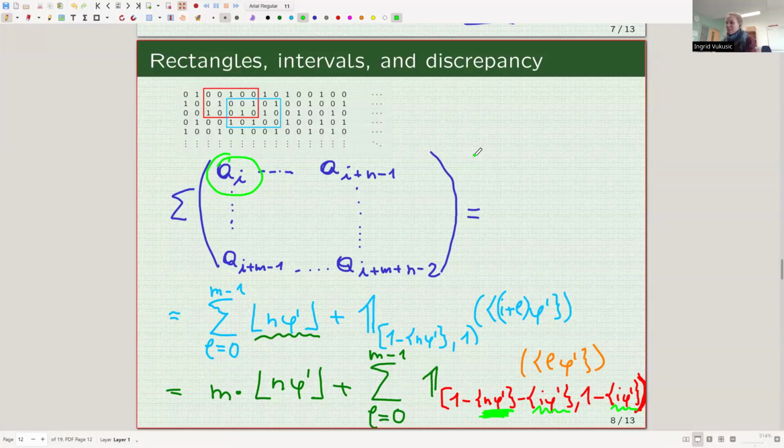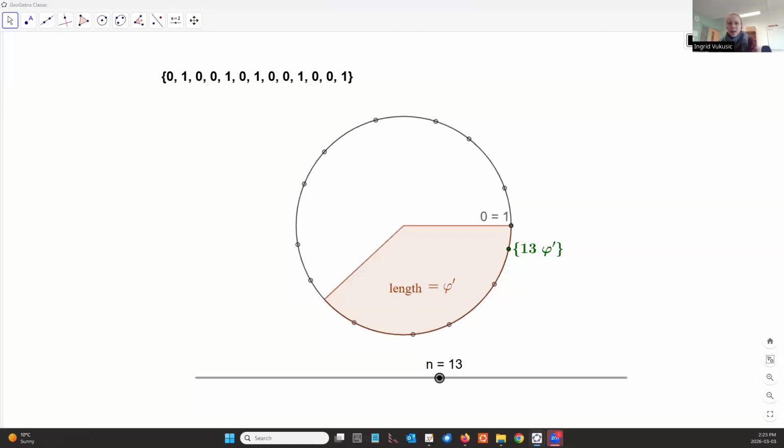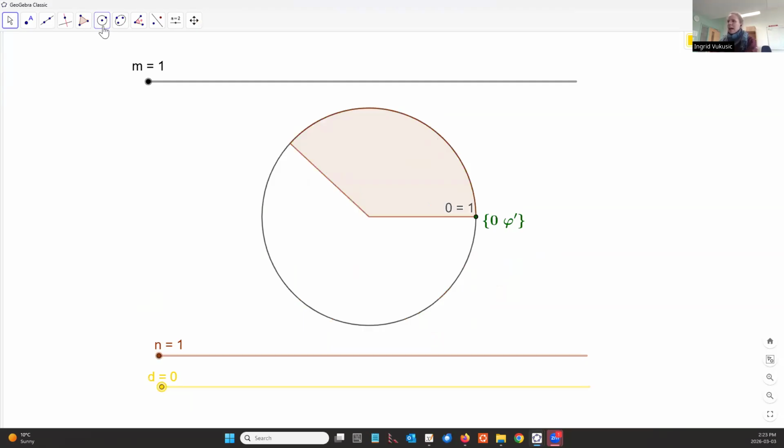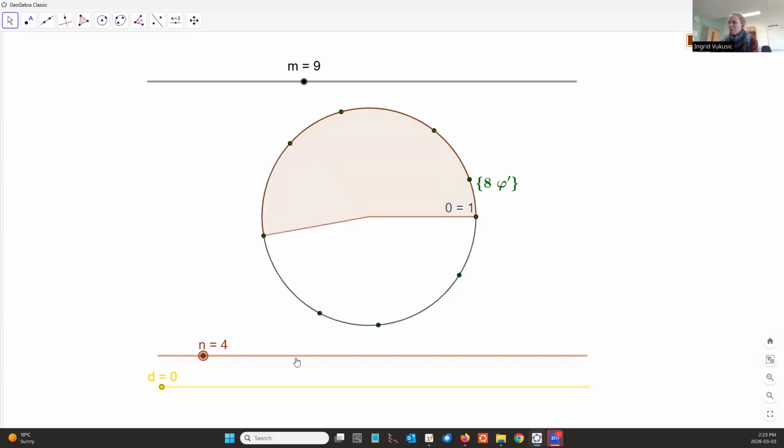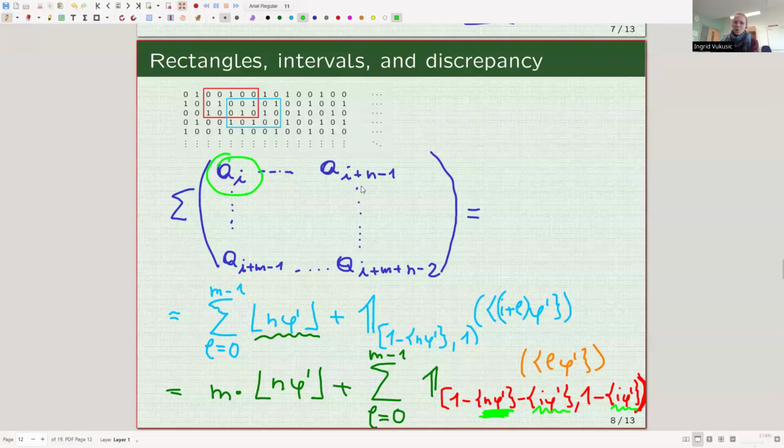And we can do this in GeoGebra. I've got another one here. So I said we've got m points, let's say 9 points. We go from 0 to 8 just because it's easier. And then we've got the interval length. Sorry, let me just switch between those two. We said the interval length is governed by n phi prime. So if, for example, n equals 19, then we get this interval length. And then if we want to know if our rectangles are balanced, we need to know if these counts of points are always the same up to 1.